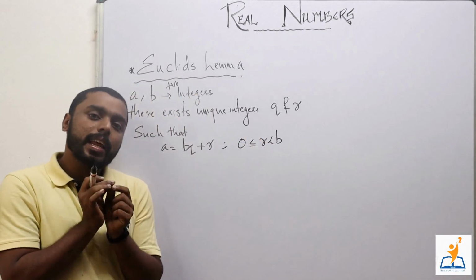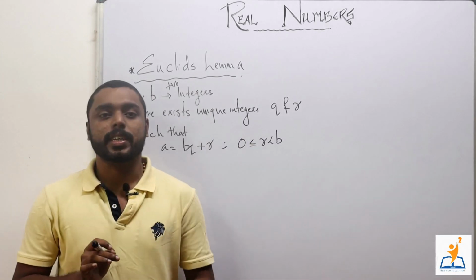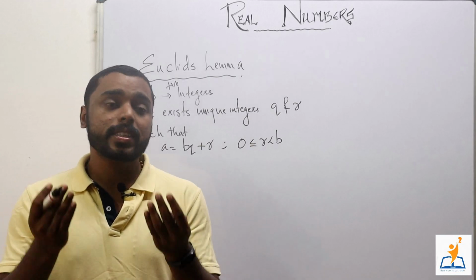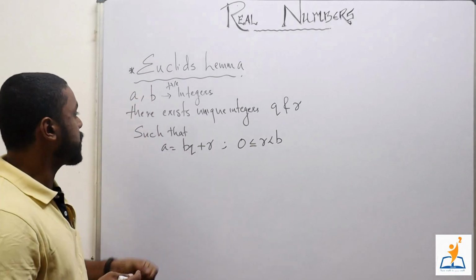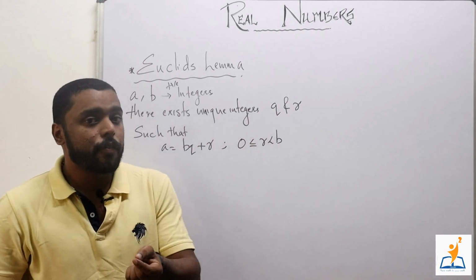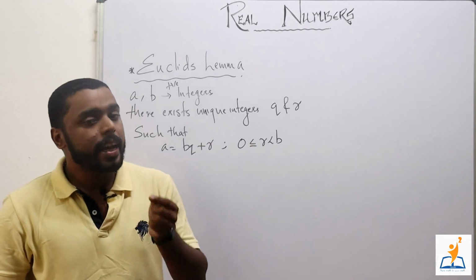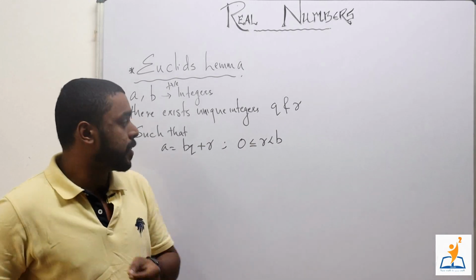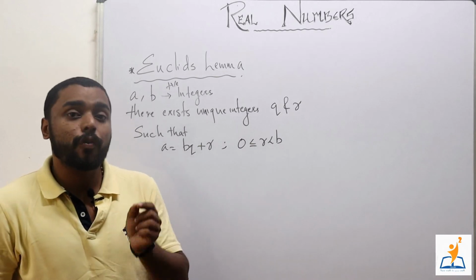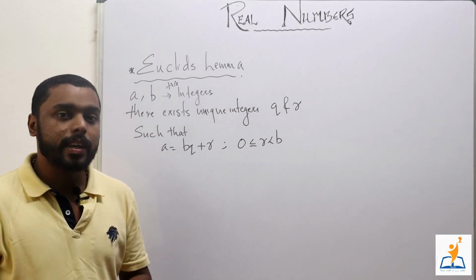So Euclid's lemma states that whenever we are provided with two arbitrary positive integers, a and b, we can represent the bigger integer, say a, in terms of b like this: a is equal to bq plus r, where the variation of r is given by 0 less than or equal to r less than b.